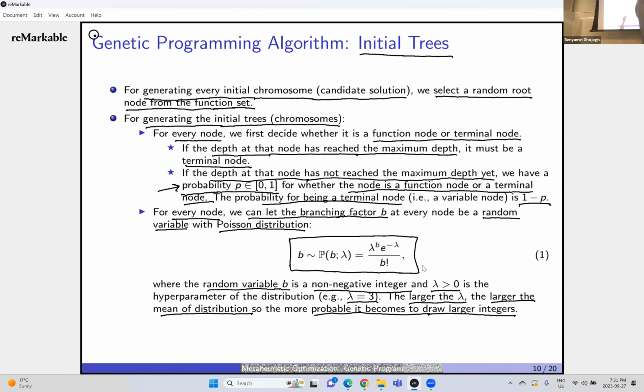Closer to the root, you don't want to have very short trees, so P should be bigger. Then gradually, when you go down the tree, you can decrease P because you don't want to go forever. So you can adapt P, lambda, etc.